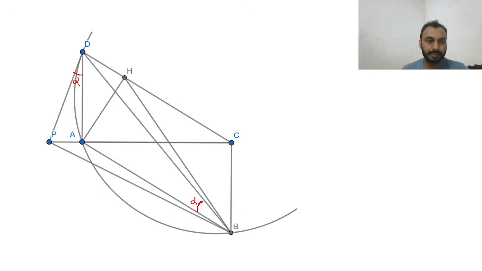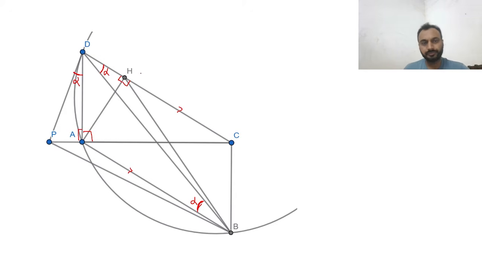Also, this is alpha by parallel lines, as AB is parallel to CD, so this angle alpha is equal to this angle alpha by alternate interior angles. And we have some 90 degrees also: this is 90, this is 90.